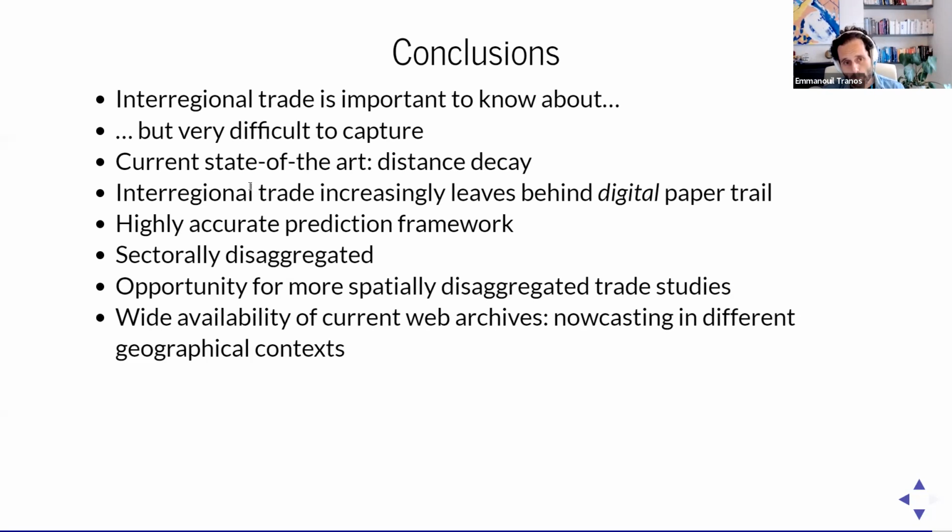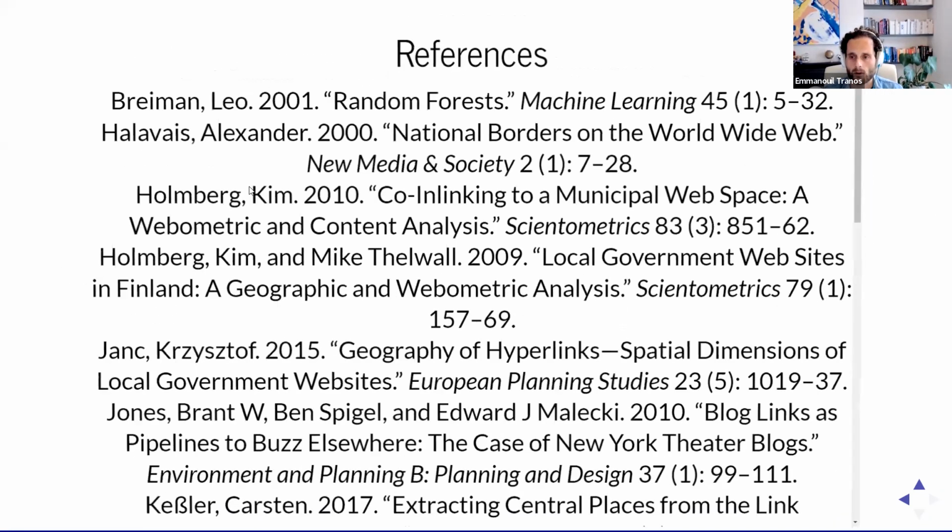We are able to spatially and sectorally disaggregate our results. And we believe that this disaggregation can help local authorities obtain a clearer picture of the trade dependencies of their own territories. And I think I'm going to stop here. You don't want to see the references.